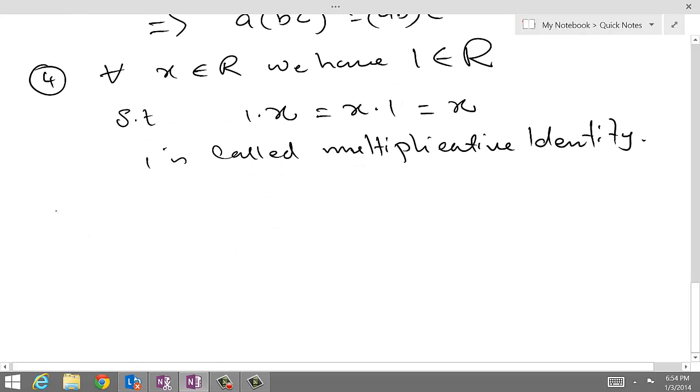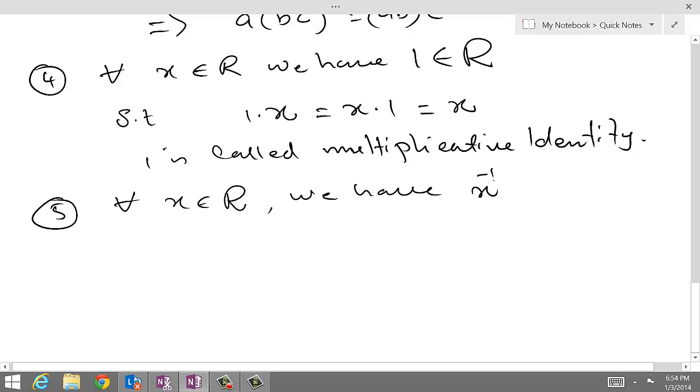And number 5, multiplicative inverse. For all x belonging to R, meaning for any real number, we have x inverse.